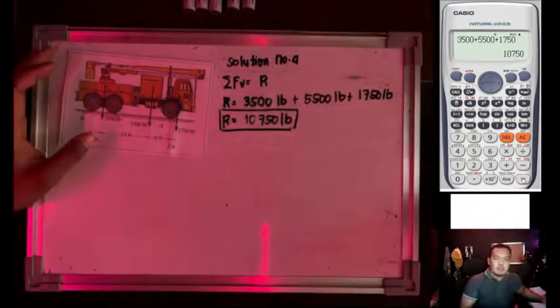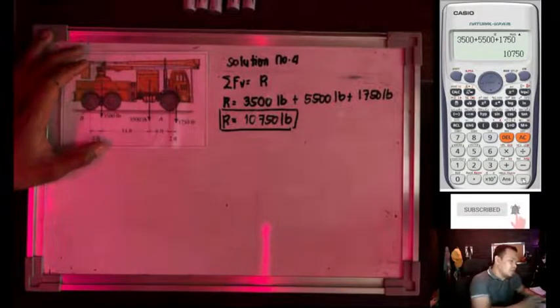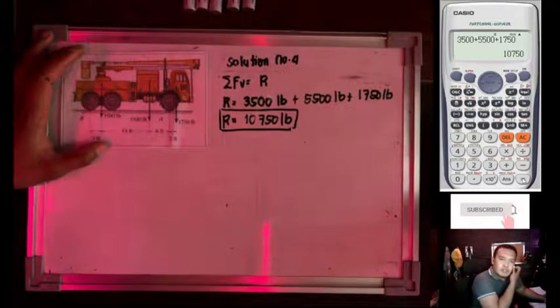Ngayon, hahanapin natin yung location ng resultant niya. So, mangyayari, kunin lang natin yung moment pupunta dun sa A, para makuha natin yung resultant.